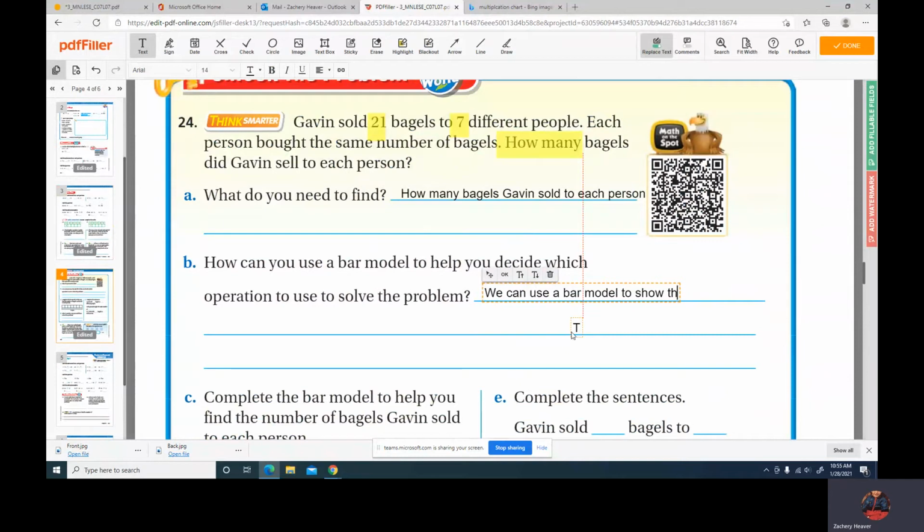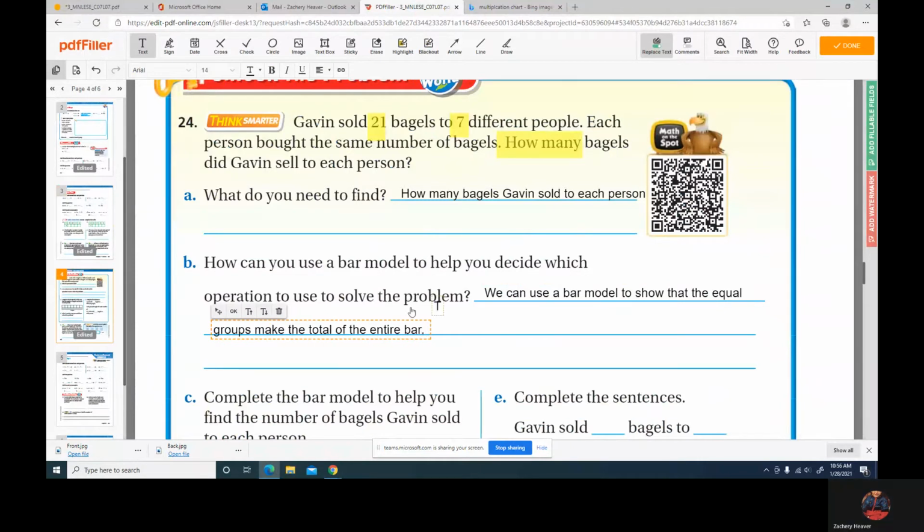We can use the bar model to show that the equal groups make the total of the entire bar.